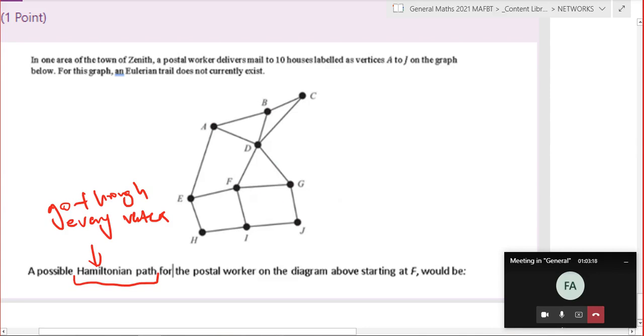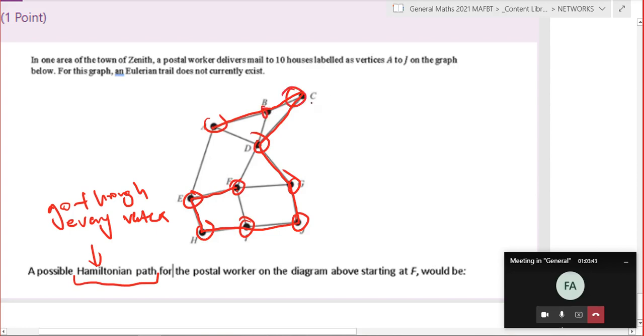So if I start at F, I can literally go anywhere I want. I can go, for example, F, E, H, I, J, G, D, C, B, A. Remember the start and finish doesn't have to be the same, but you just have to go through every single vertex once. That's one of the paths you can take.